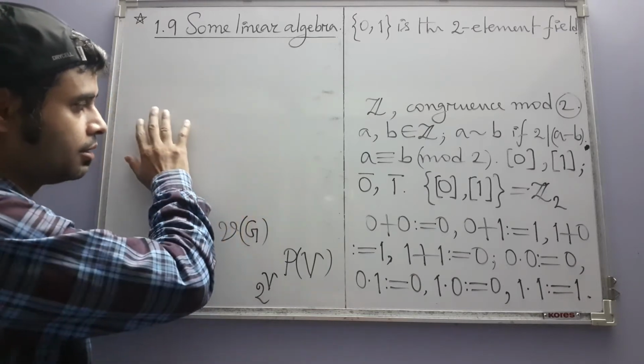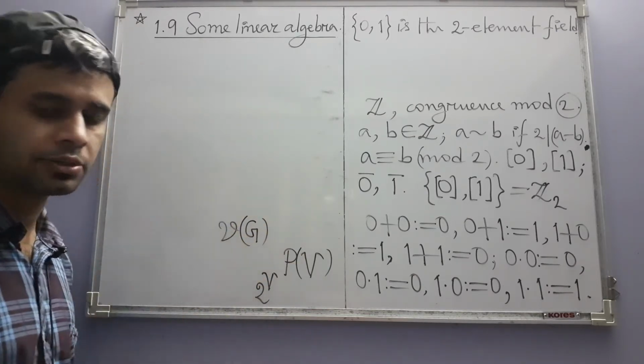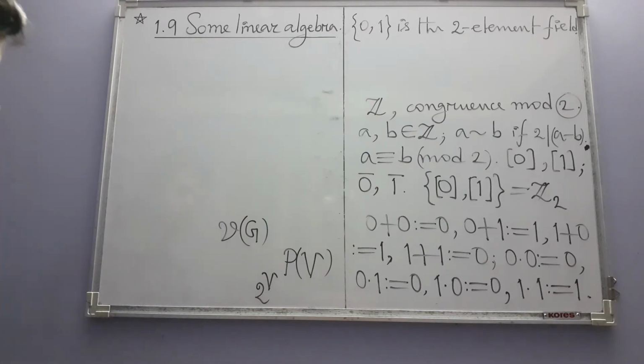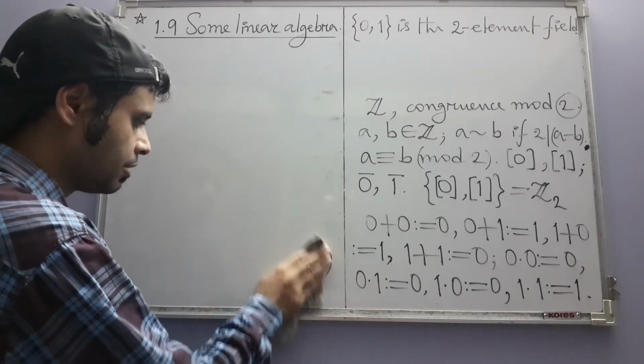So let us write word by word what Diestel has written in the text, and then we will try to understand why these things are true and what that correspondence in fact is.